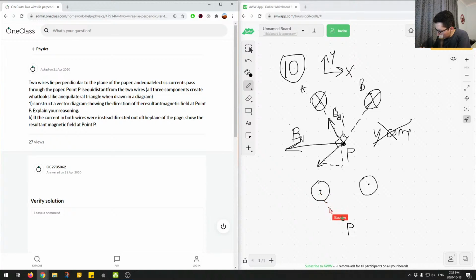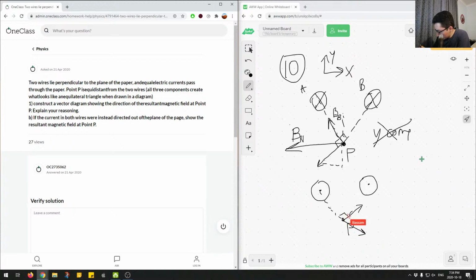If we drew a line like this, the tangent line will be in this direction. Let me draw that a little clearer. So this is the direction of the magnetic field for the first wire, and then similarly for this wire, use the right hand rule, and you end up that it's in this direction.